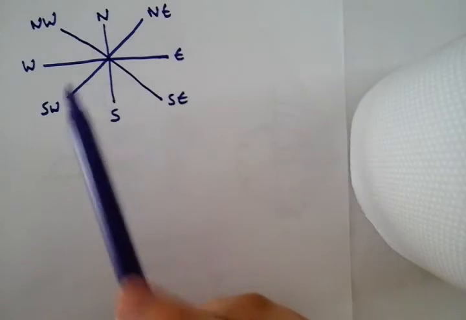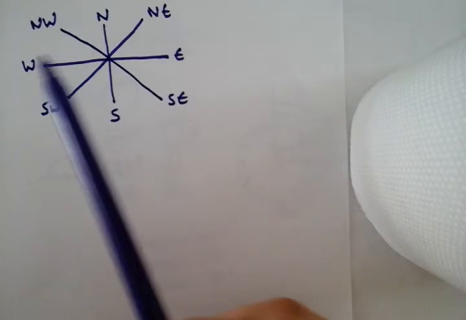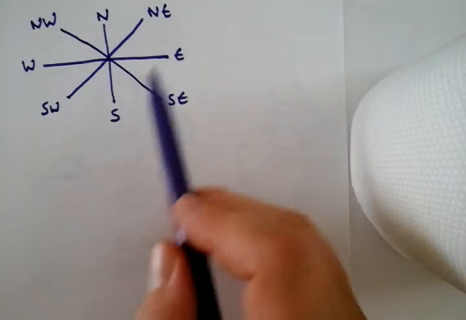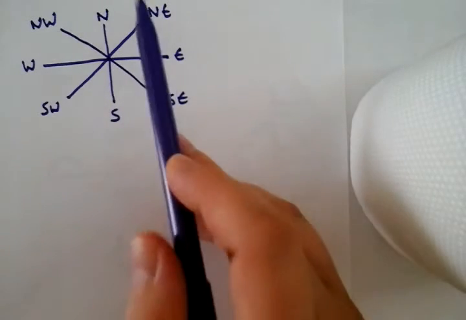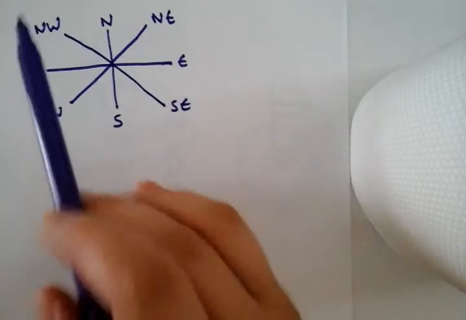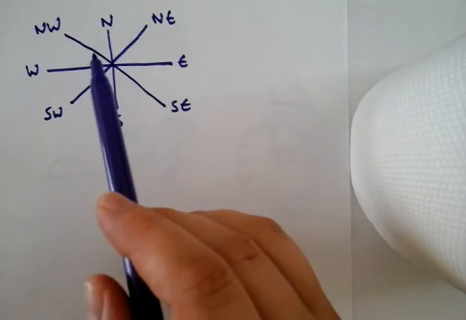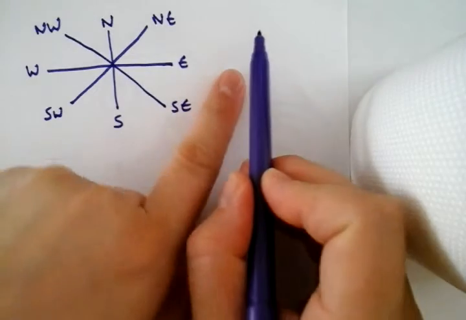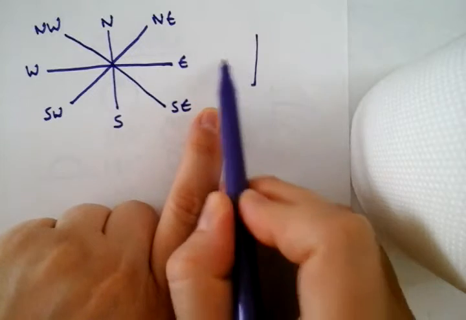Right, the next example they've given is directions. So you have north, south, east, west, northeast, southeast, southwest, and northwest. I'll show you how they got to this actually. So the four main dominant ones are which ones?